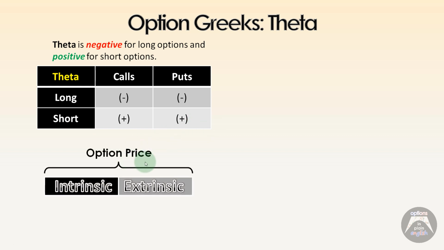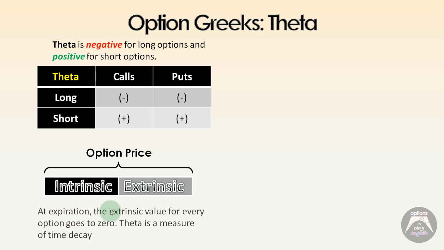The option price is made up of intrinsic and extrinsic value, and at expiration, the extrinsic value for every option goes to zero. Theta is a measure of time decay. So this extrinsic value is going to go away, and at expiration, you're going to be left only with intrinsic value.